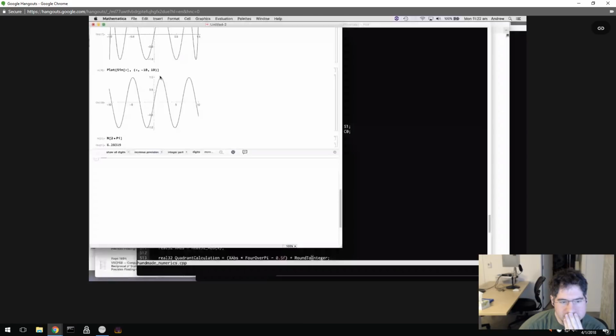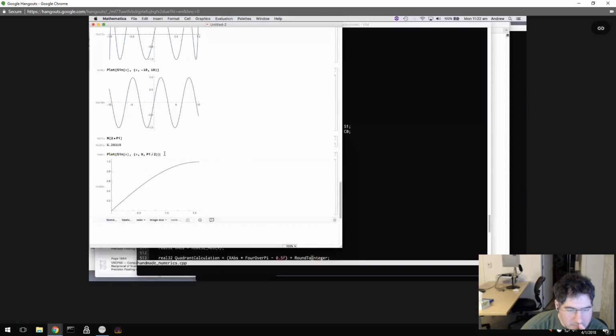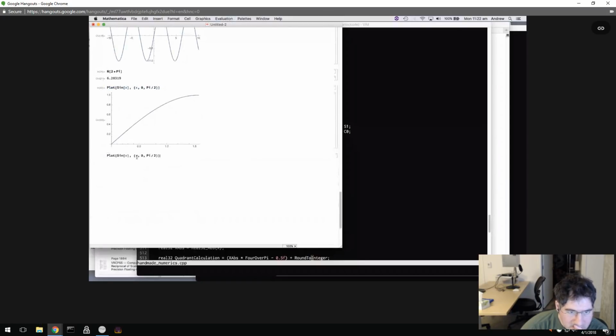I'll show you. So the sine of x from 0 to pi on 2 is that, and the cosine is that, and these are just mirror images of each other.